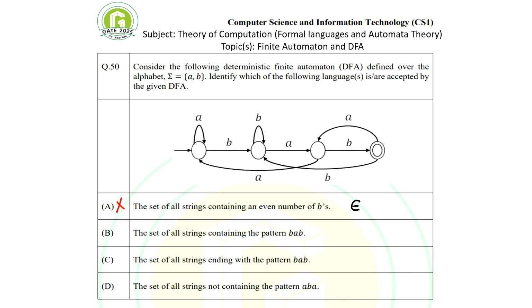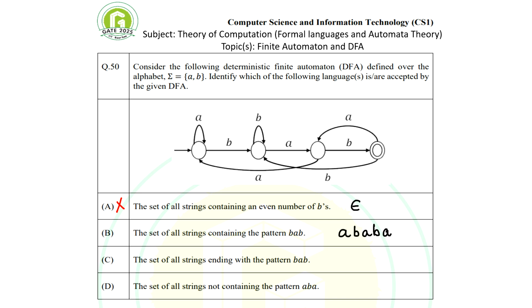Option B says that the set of all strings containing the pattern BAB. What about this? Consider this string and check whether this is accepted by this DFA.